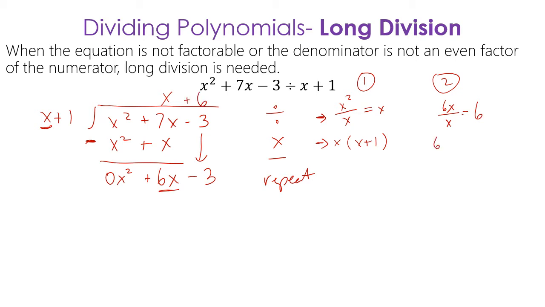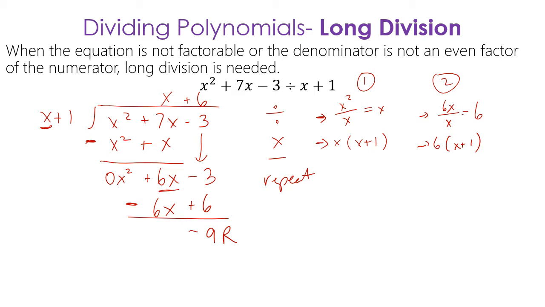So 6 times x plus 1, which gives you 6x plus 6. Then we subtract. 6x minus 6x, they're gone, 0x, and negative 3 minus 6 is negative 9 remainder. And there is nothing else to bring down, so you know you are done.